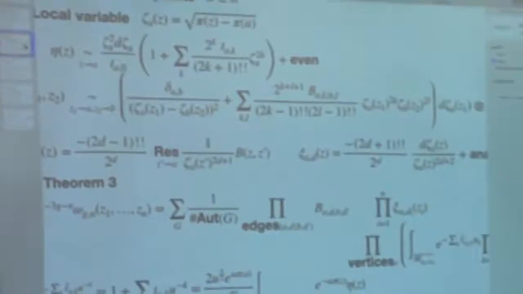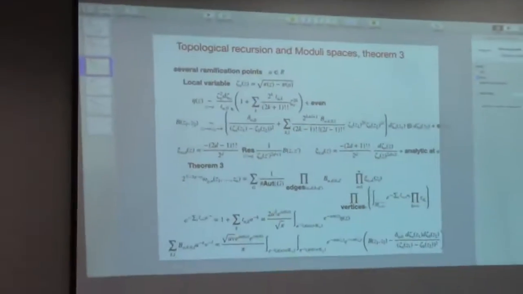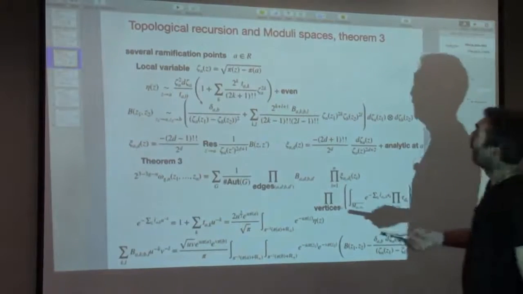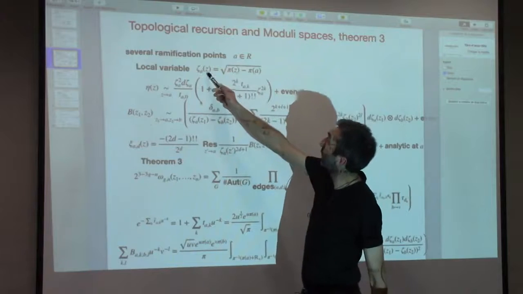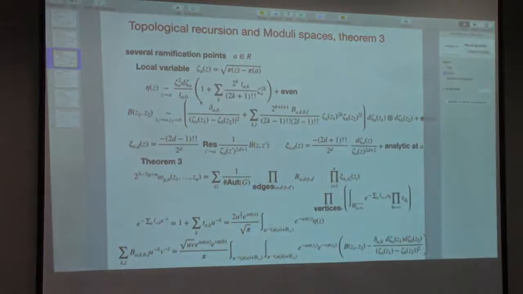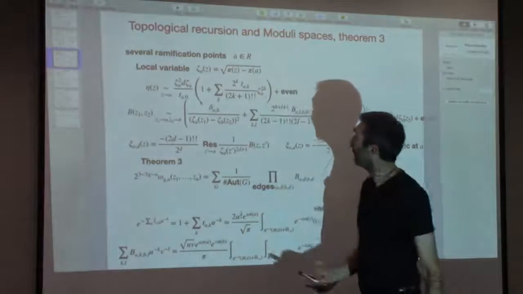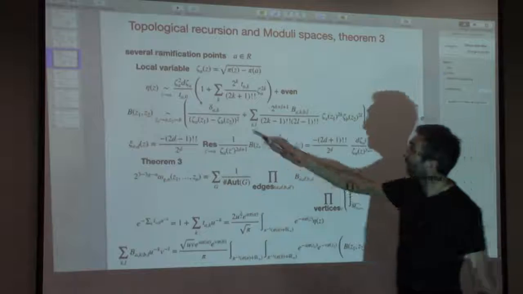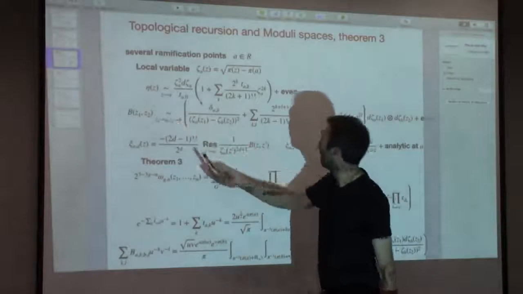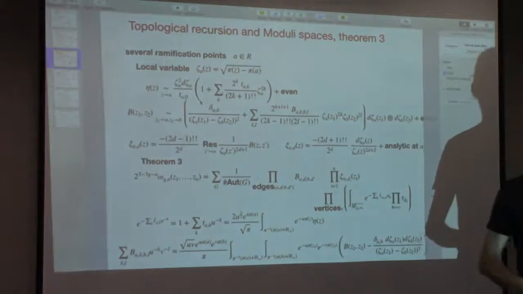So the third case is the case where you have several ramification points. When you have several ramification points, for each a, you shall use the local variable square root of pi of z minus pi of a. Okay, it's a local variable in the neighborhood of a ramification point. Again, you do expansions for eta, and call the coefficients t a k's. Do the expansion of b, call the coefficients b a k b l's.